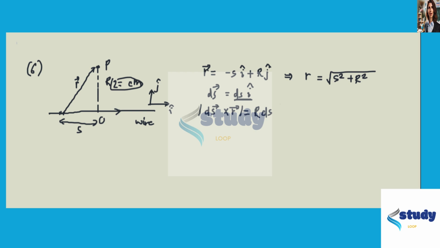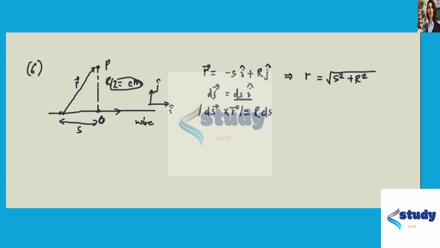And vector r, if we assume that this point is the center of our reference frame, we can write as minus s i cap plus capital R j cap.